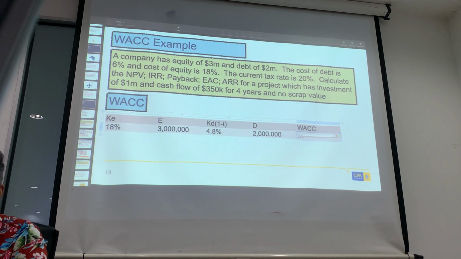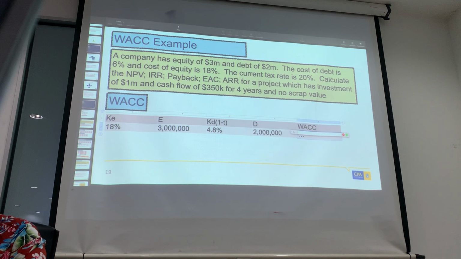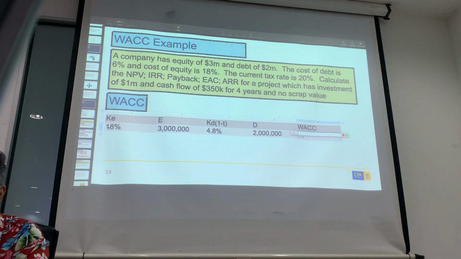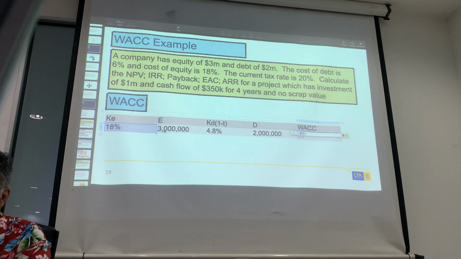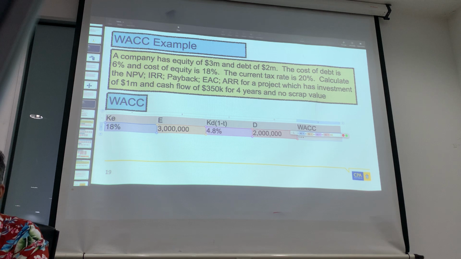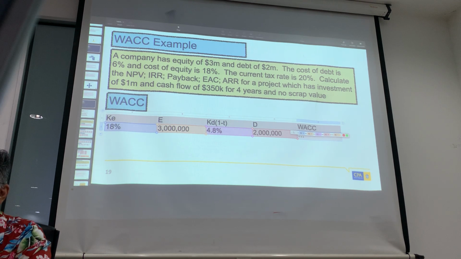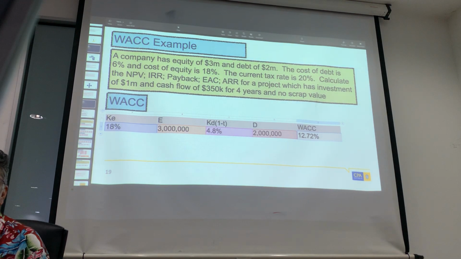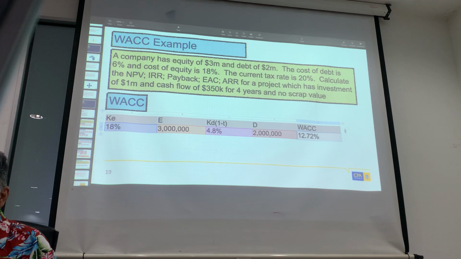So WACC is going to be, now this is going to be a bit tricky: 18 times this plus 4.8 times this, divided by this plus this, which is 12.72. Got it?